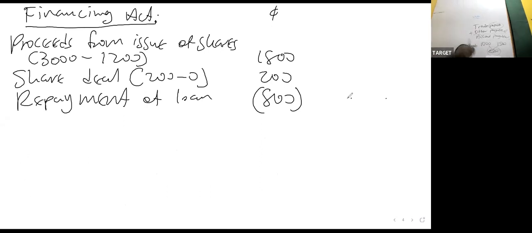The loan has reduced to 0, meaning that we paid everything. And if you are paying loan, will money leave or come in? It will not come in. When you pay loan, you don't get money. Exactly. So therefore, it will be outflow.